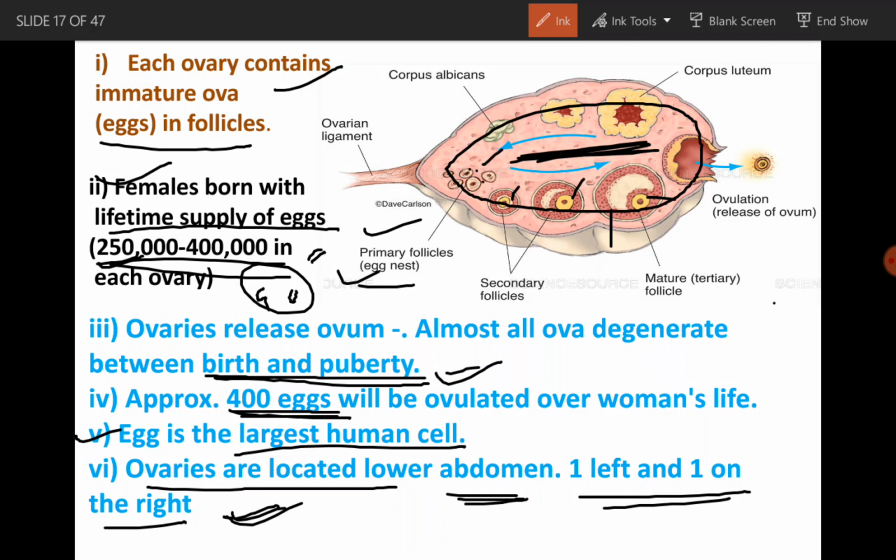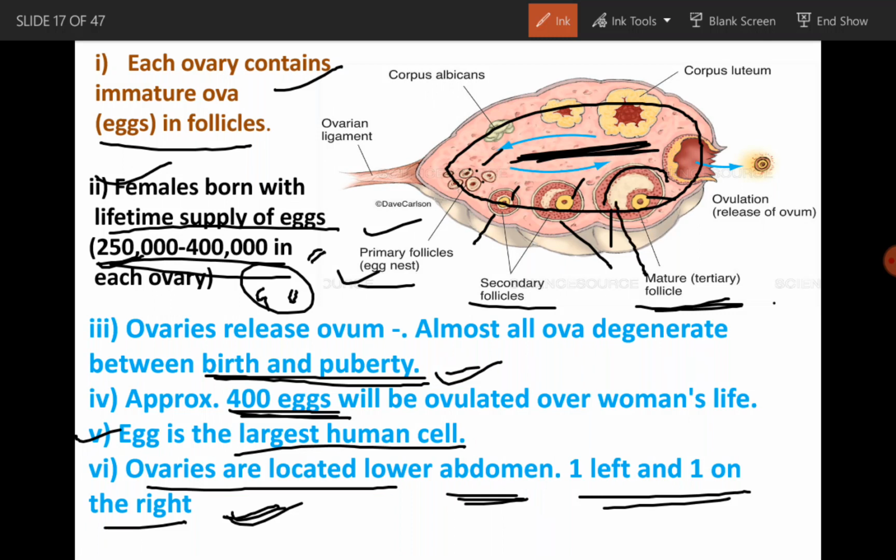We can explain it by the developing follicles in the ovary. This is the primary follicle, a single ovum which is not covered by any follicle cell. In the secondary follicle, the ovum is covered by a layer of follicle cells.